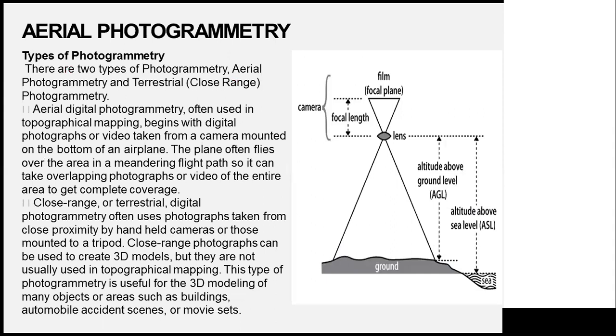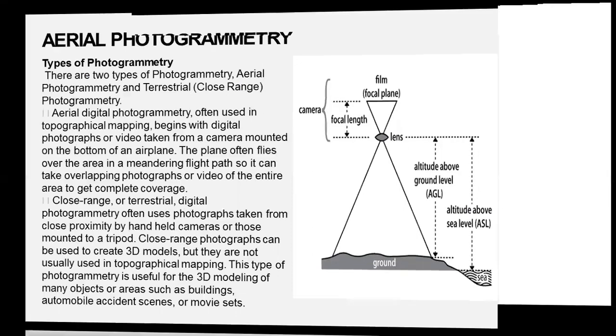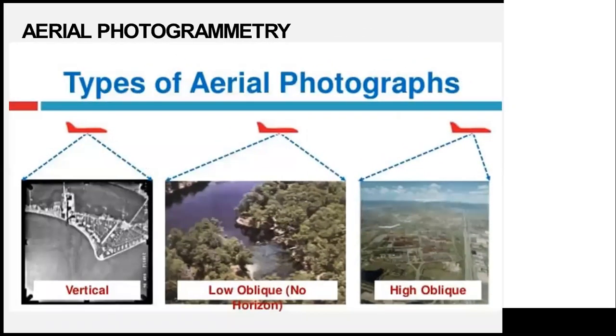So these can be the types based on depth of resolution. One is the vertical, one is the low oblique, that is no horizon, and the third one is high oblique, means from a higher altitude.